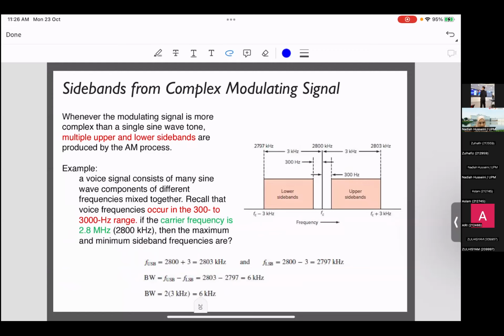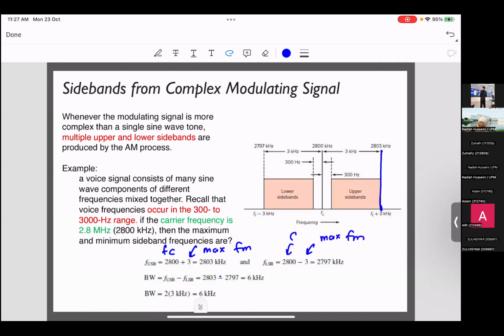This is the maximum, max FM. This is FC. So FC plus max FM will give us the maximum range for the upper sideband, which is over here: 2,803 kilohertz.